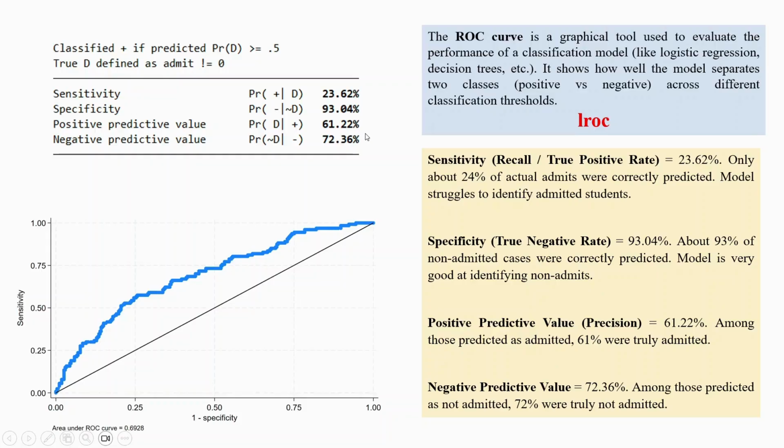The model is very good at identifying non-admits. Positive predictive value, precision, 61.22%. Among those predicted as admitted, 61% were truly admitted. Negative predictive value, 72.36%. Among those predicted as not admitted, 72% were truly not admitted.